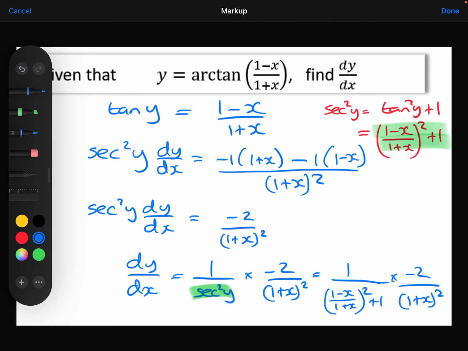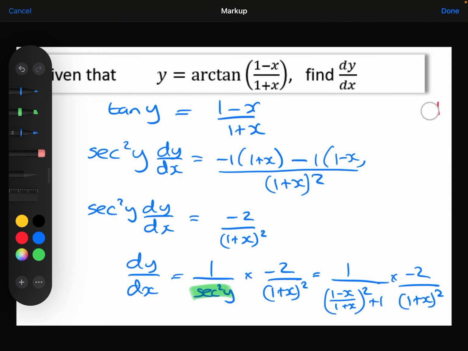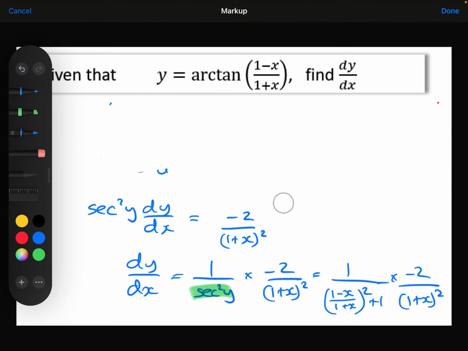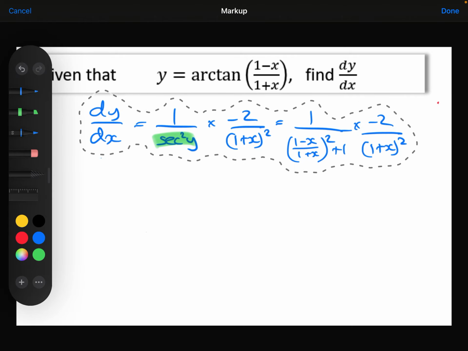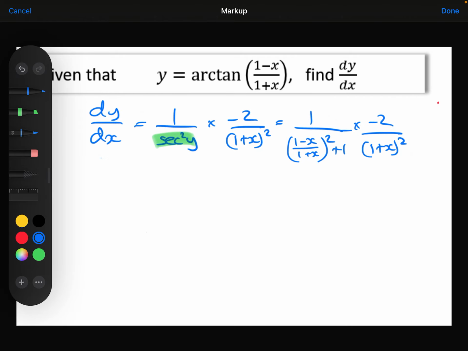Next, in terms of simplifying this, let me just get some more room. So to simplify this, I want to deal with this. I don't like this fraction in a fraction now.